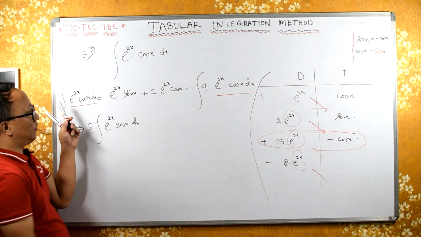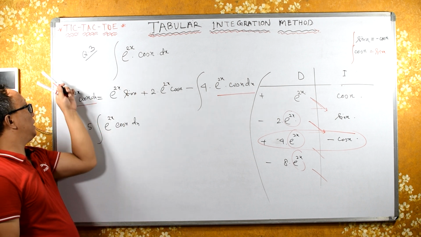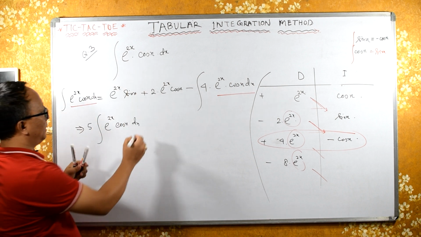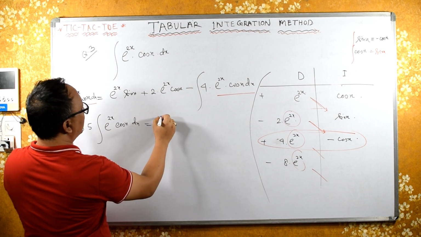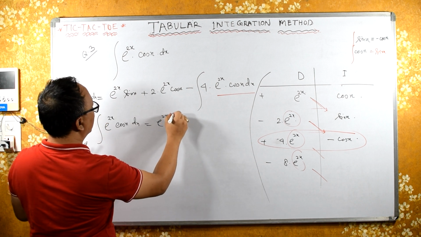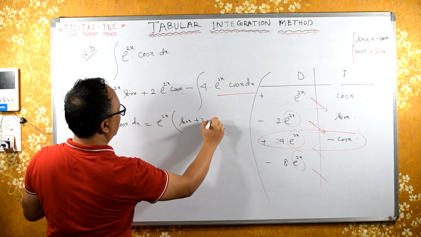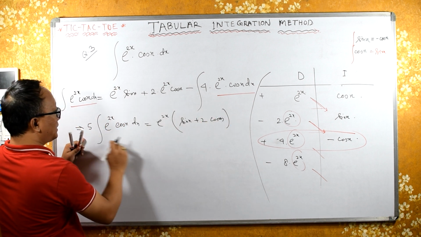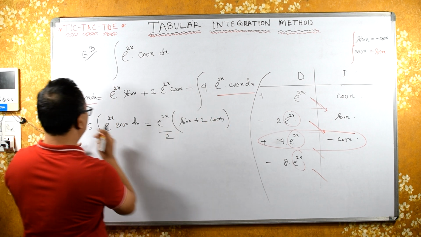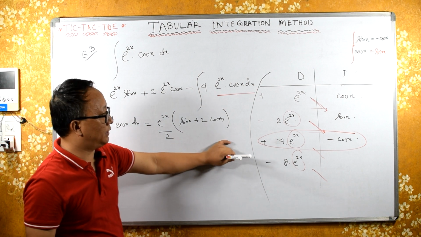Because we have 1, and this minus 4 becomes plus 4 over there, and 4 plus 1 is 5. It is the same as, from here I can take e raised to 2x common, e raised to 2x times sine of x plus 2 cos of x. Now this 5 I can send down. Therefore this integral is the same as this. This is the required answer.